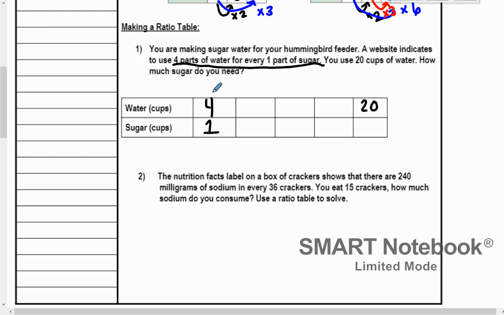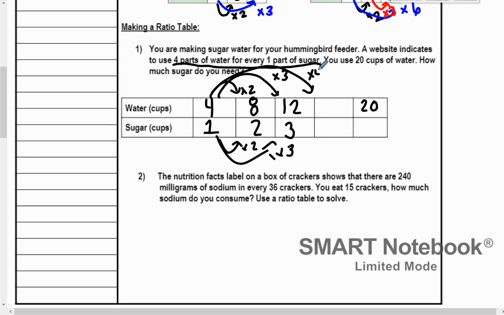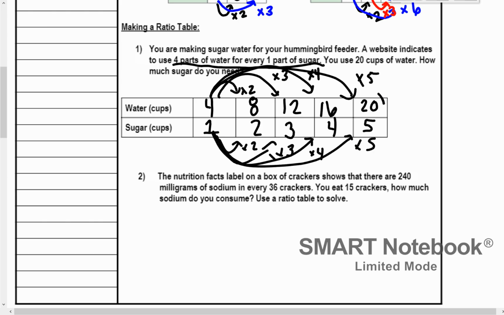Now we could do, let's do 4 times 2. We get 8. 1 times 2 to get 2. Then we could do 4 times 3 to get 12. 1 times 3 to get 3. 4 times 4 to get 16. 1 times 4 to get 4. 4 times 5 to get 20, so we'd have to do 1 times 5 to get 5.